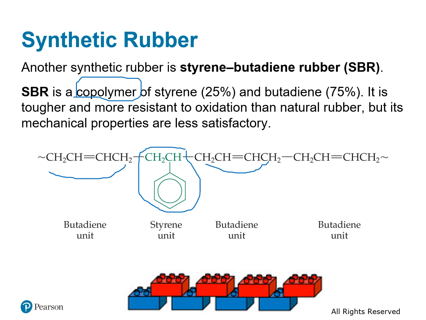So two different types of monomer. But notice that we have 25% of styrene, so we have more bonds with butadiene. So notice here this unit is repeated. So that's the proportion to make this particular rubber, styrene butadiene rubber.